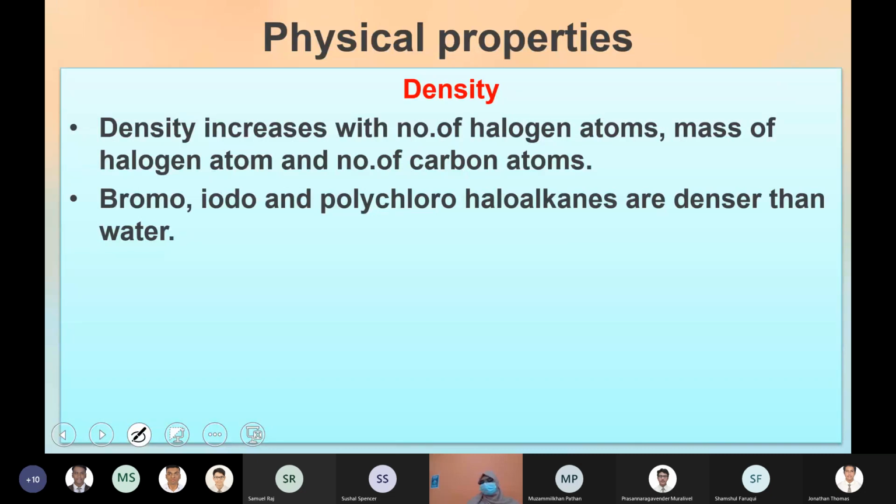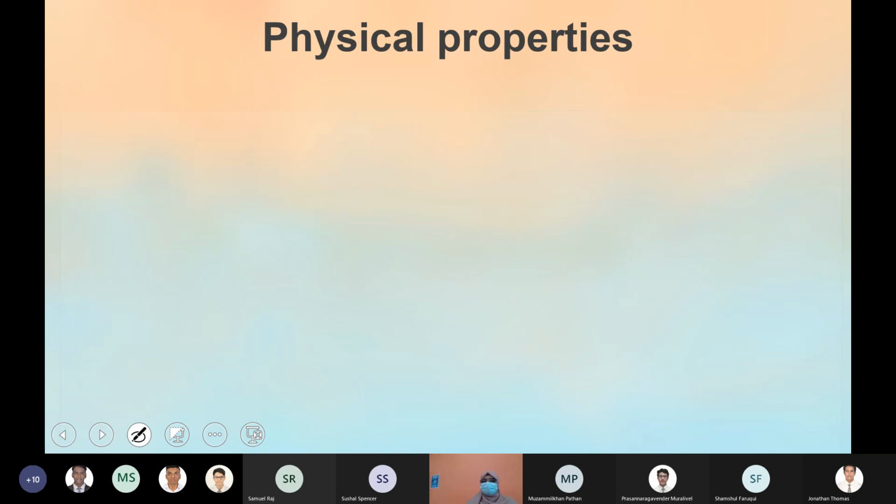Dihalo compounds will be denser than monohalo compounds. That is just a normal comparison, nothing new to learn, so I don't want to discuss much.